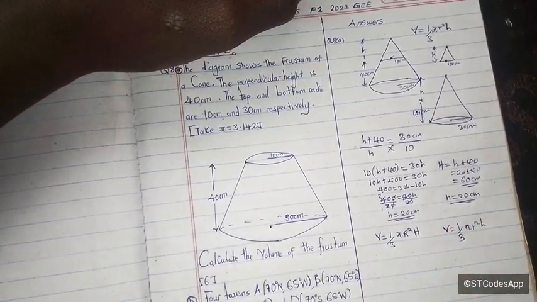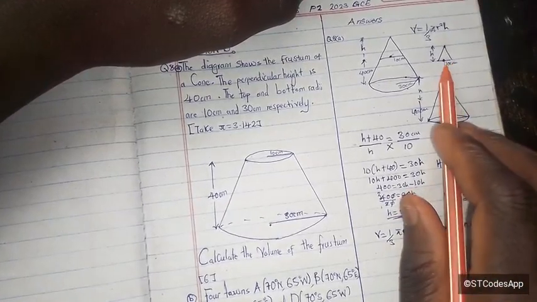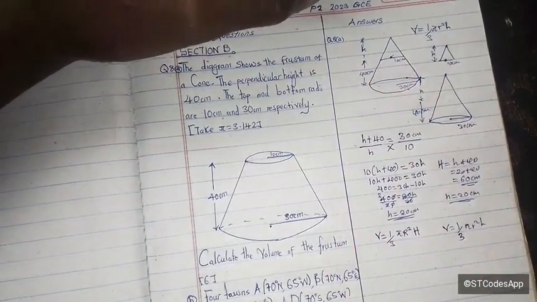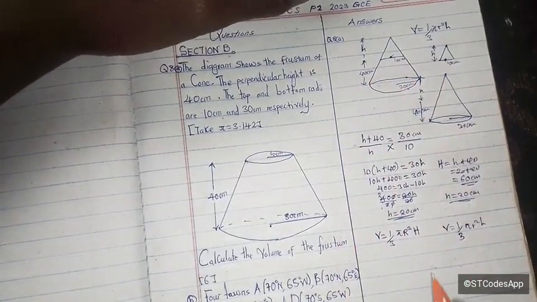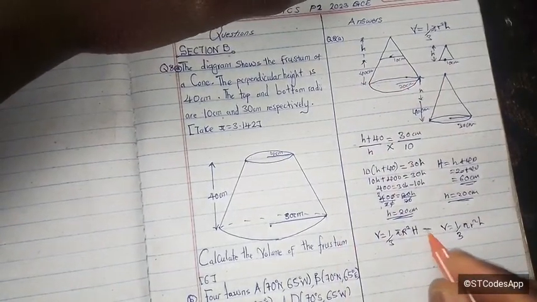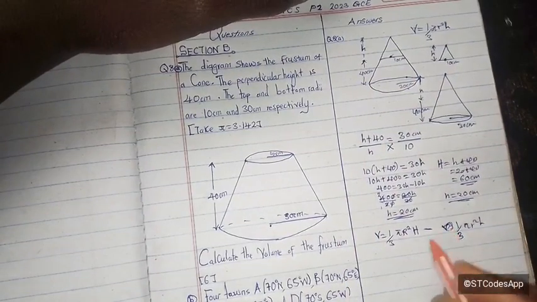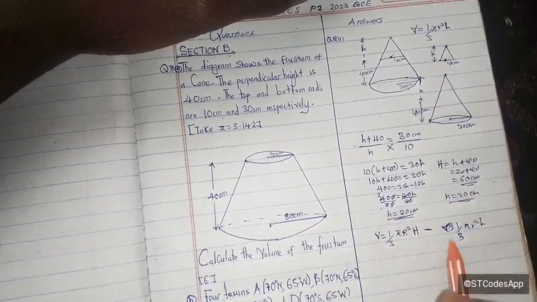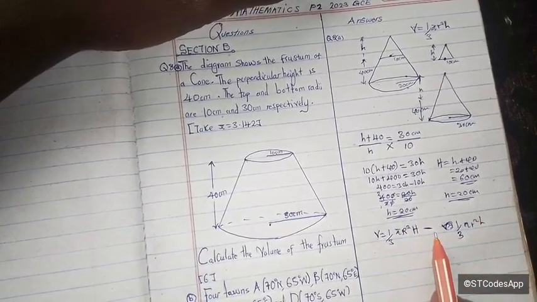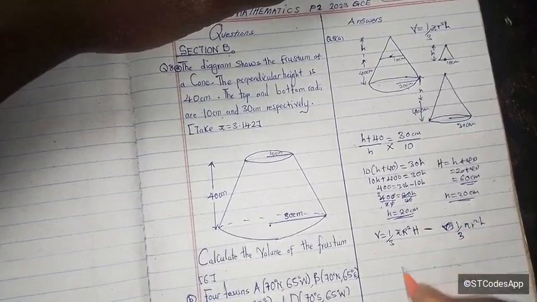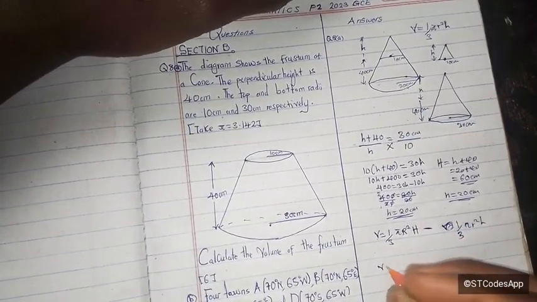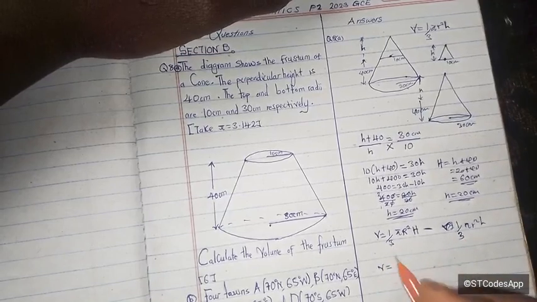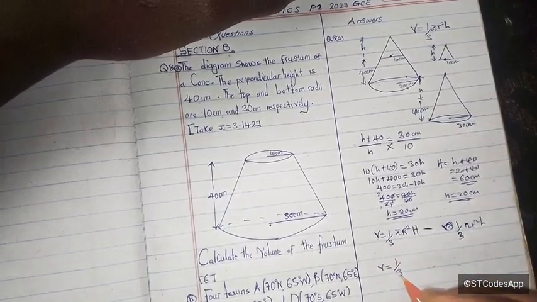Now here we need to exclude the small cone from the bigger or larger cone. So when we are excluding, we need to introduce the minus here. Since we are excluding this one from the bigger cone, we need to ask ourselves what is common here. I'm going to say volume is equal to, and 1 over 3 is common.